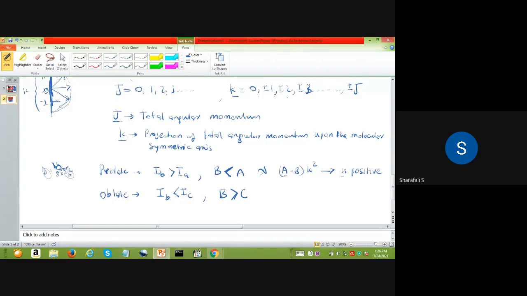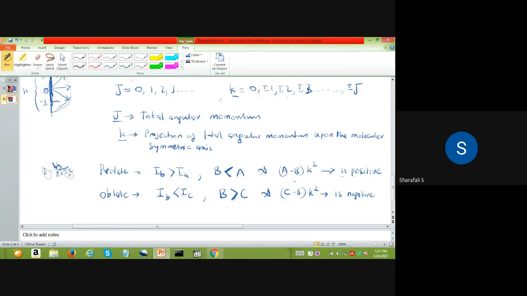If IB is smaller than IC, then I can have B larger than C. Then in the previous energy equation, the term (C minus B) K square will be negative.